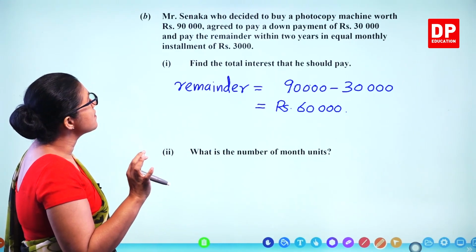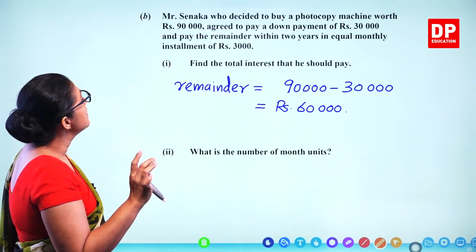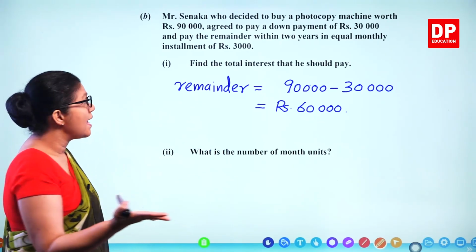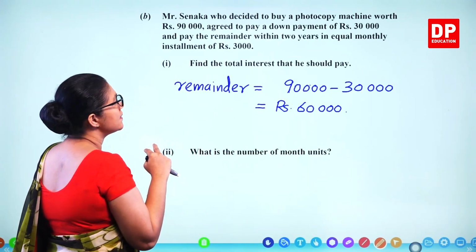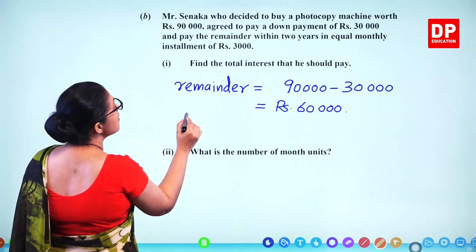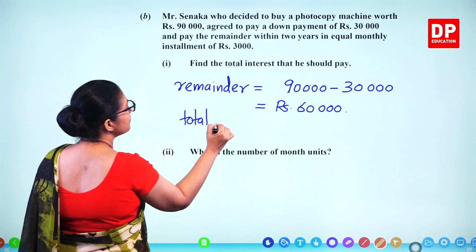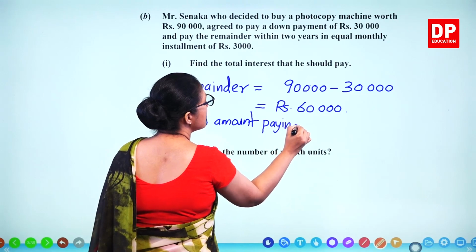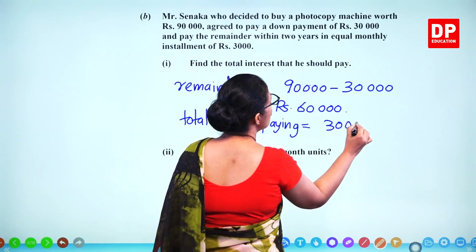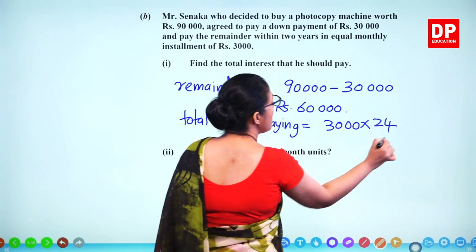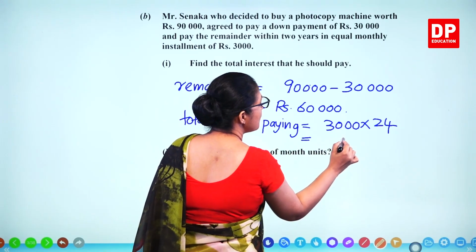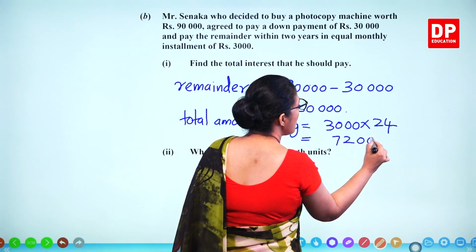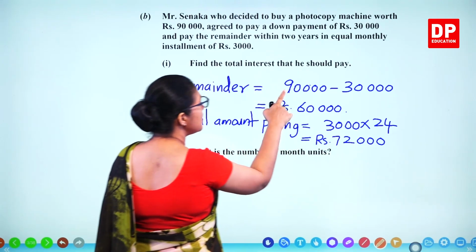So the total interest that he should pay: we'll first find the total amount he pays and then subtract 60,000. So the total amount paying is 3,000 for each month, altogether 24 months, that's 2 years. 3 times 4, 12, 3 times 2, 6 plus 1, 7. 72,000 rupees.